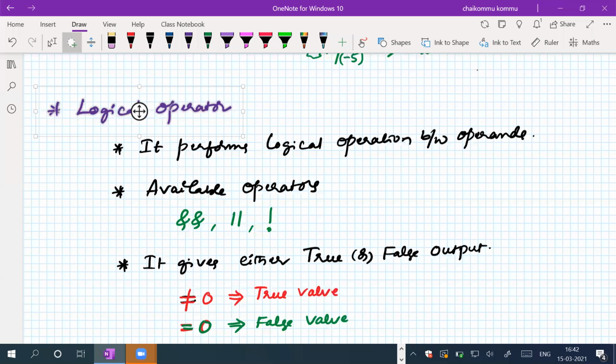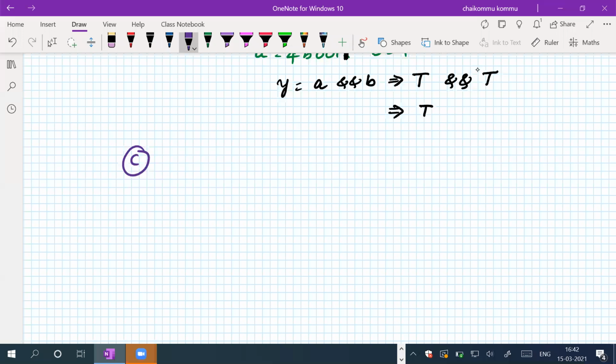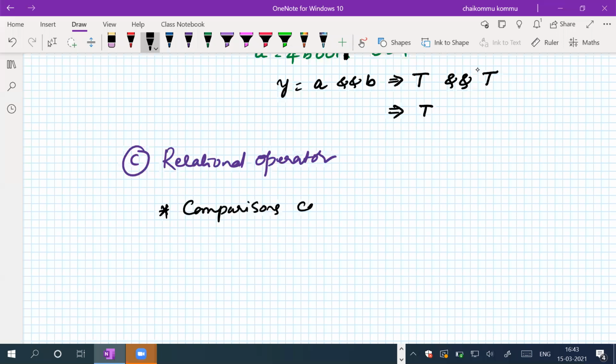So the comparison will be performed between the operands by using this operator. Comparisons can be done by this operator. What for does this operator have to be used? That's what I'm writing here. That means comparison. So what are the available operators?